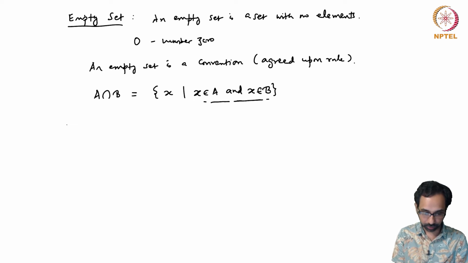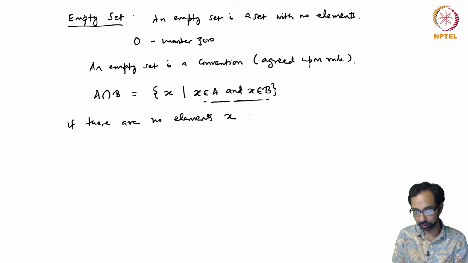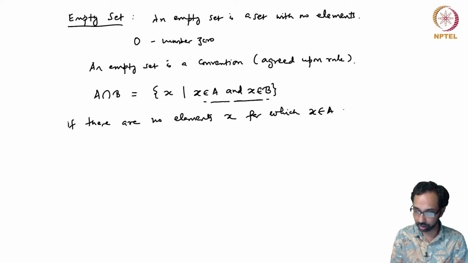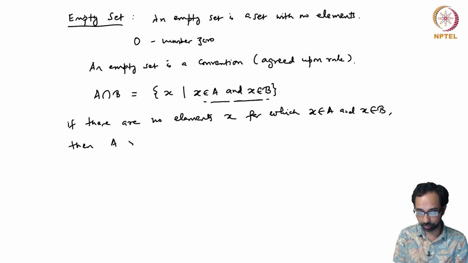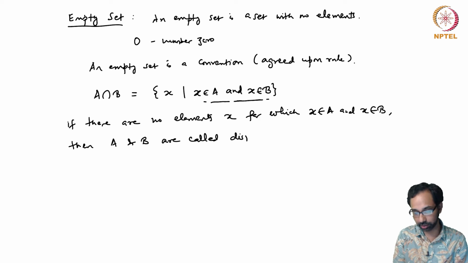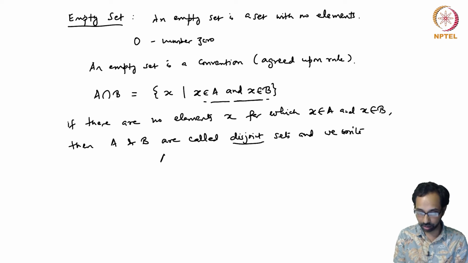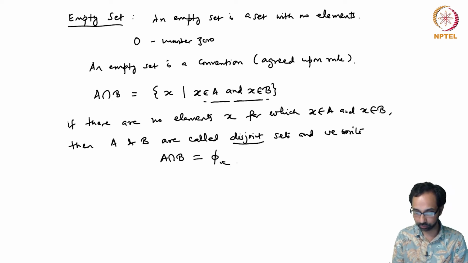So if there are no elements X for which X belongs to A and X belongs to B, then A and B are called disjoint sets, and we write A intersection B as this symbol phi, and this symbol stands for the empty set.